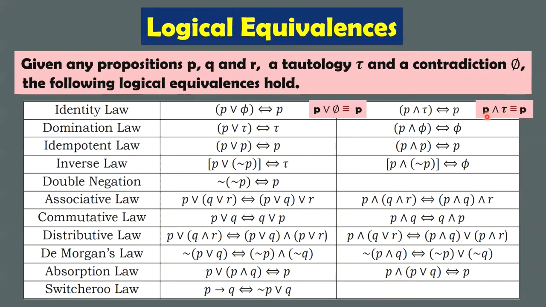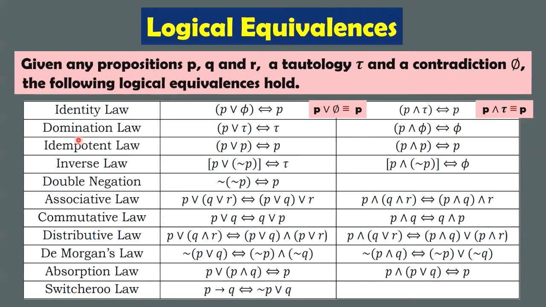Yung P and tau is equal to or equivalent to P. Or set P intersection with the universal set is the set P itself. So again, ang identity law, ang sagot, the proposition itself.